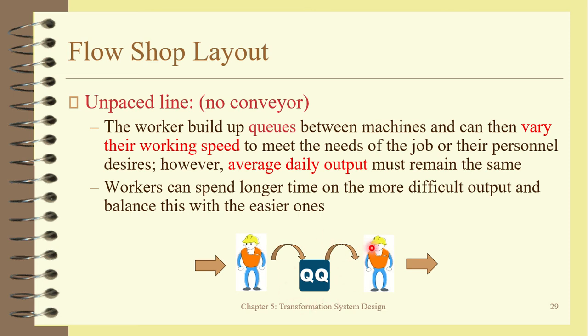If this worker sees that the previous worker still cannot send them the work, he can lower his speed, right? And whenever he sees that his input buffer is high, he can increase his speed to produce more parts. So the way they control the speed of the line is by themselves. No conveyor at all. This is what we call an unpaced line.